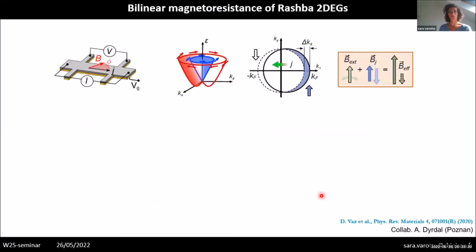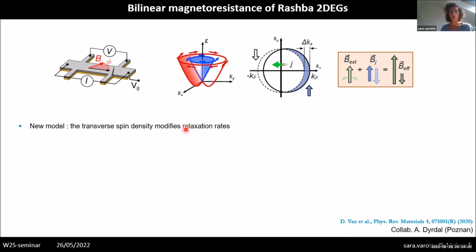So just to explain a little bit more in detail about this technique, what happens is that when we create a spin density by applying an electric current, we can try to align it parallel or anti-parallel with respect to the external magnetic field that is rotating in the plane. And this will lead to a different effective magnetic field for the carriers that are moving inside our material.